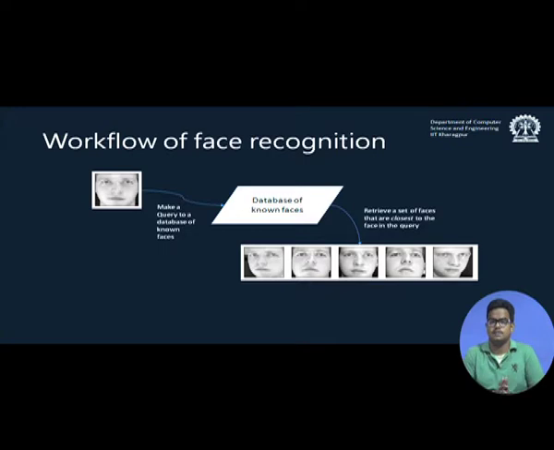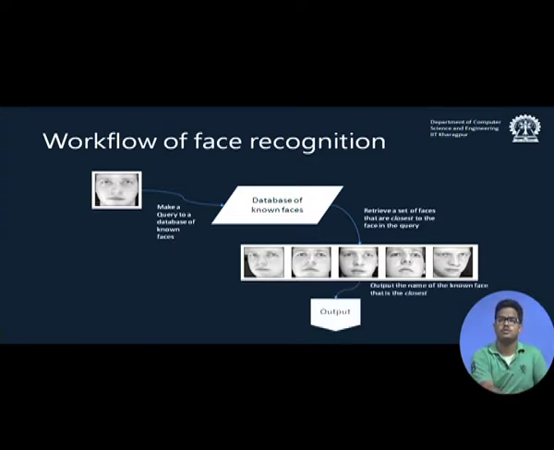All right. So, the database has known faces, so it outputs a set of faces which are already known to us and are the closest to the one that has been sent in the query, and then we choose the face that is the most similar to the face in the query as our output. So, this is the workflow.